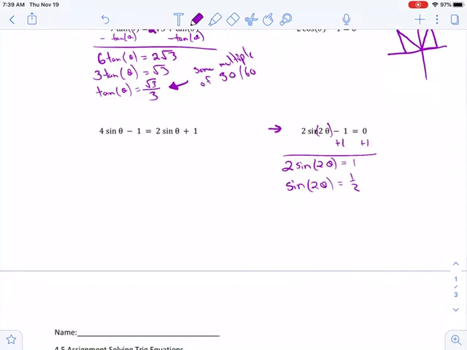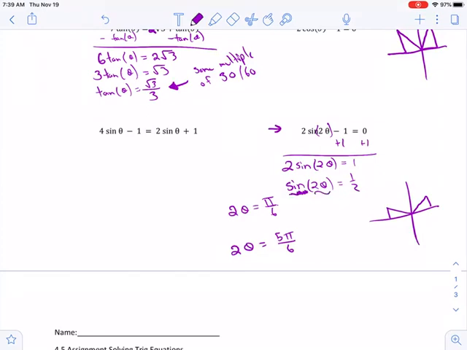I need to undo my sine right now, so I'm looking for where my y-coordinate is going to be a half. That's looking like these angles. What we end up getting here is that 2 theta could equal pi over 6, or 2 theta could equal 5 pi over 6. So notice I actually end up with 2 different equations, because when I undo this sine on both sides, I'm still left with 2 theta.